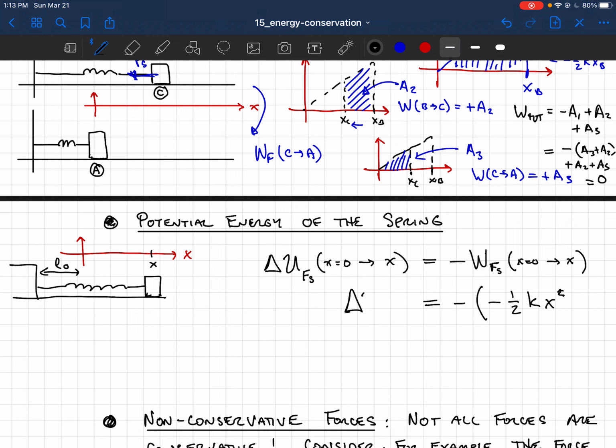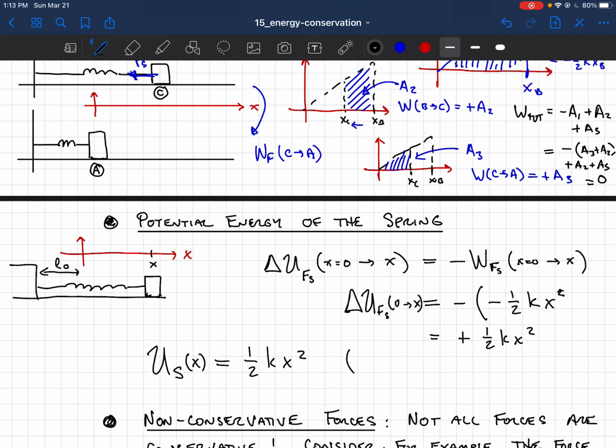So that means that the potential energy difference in going from equilibrium out to x is equal to plus 1/2 kx squared. And if we just agree that we're going to keep this as our coordinate system, then the potential energy value at any point along the x-axis can be written just as the potential energy of the spring as a function of x is equal to 1/2 kx squared.